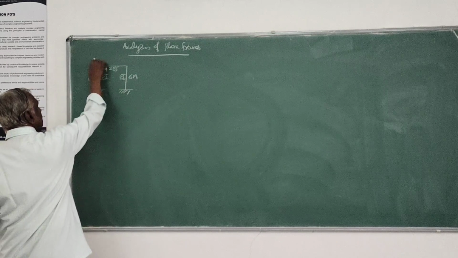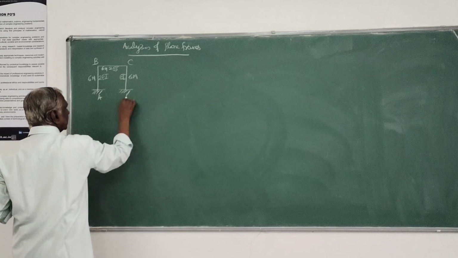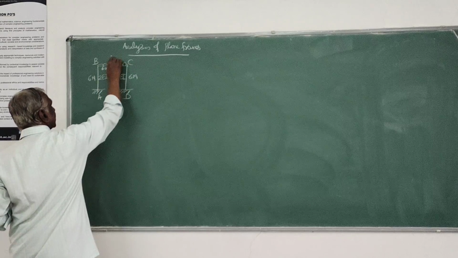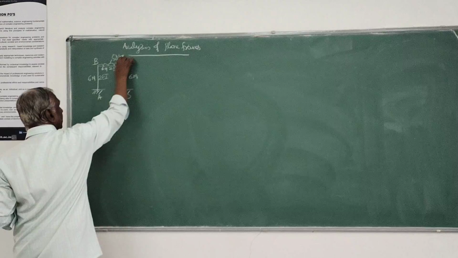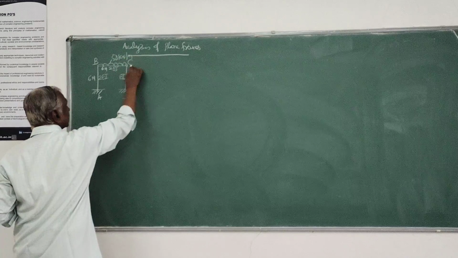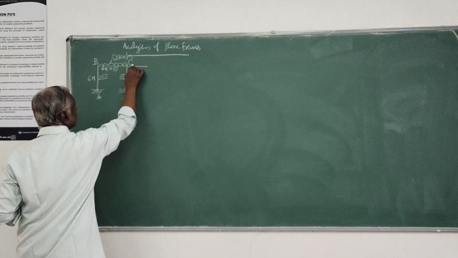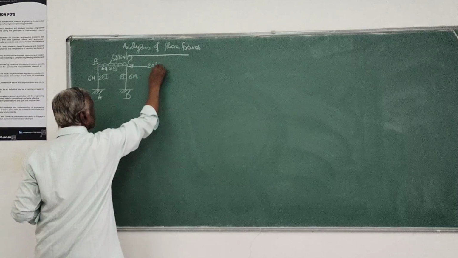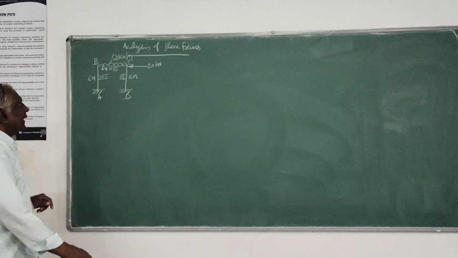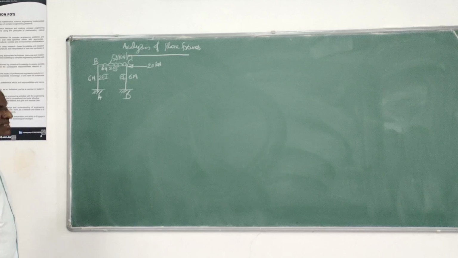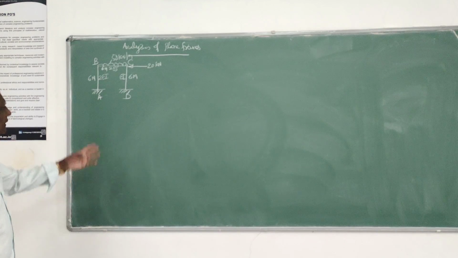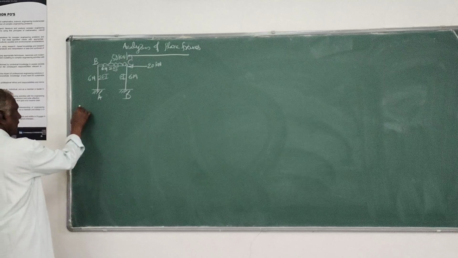It is subjected to a UDL along the beam of intensity 50 kilonewton per meter along with a lateral load of 20 kilonewtons acting from right to left at point C. So this is the problem we are taking in this particular case.